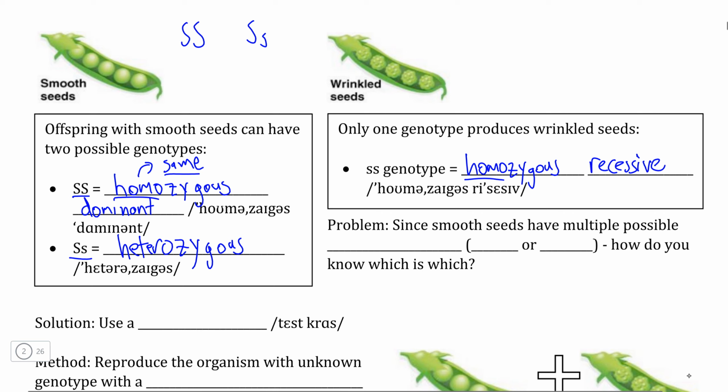So what we can see is that there are multiple possible genotypes that give us the same phenotype here: homozygous dominant or heterozygous. Now, obviously, we cannot see DNA, and Mendel didn't even know that DNA was the molecule of heredity. So how was he able to identify which organisms were homozygous dominant and which were heterozygous?